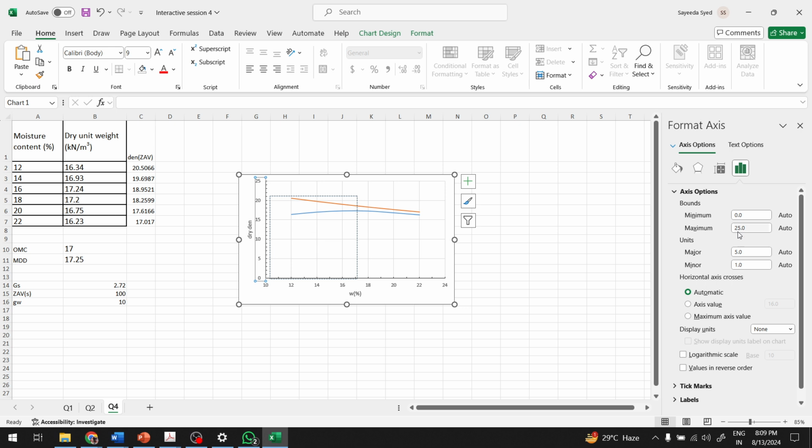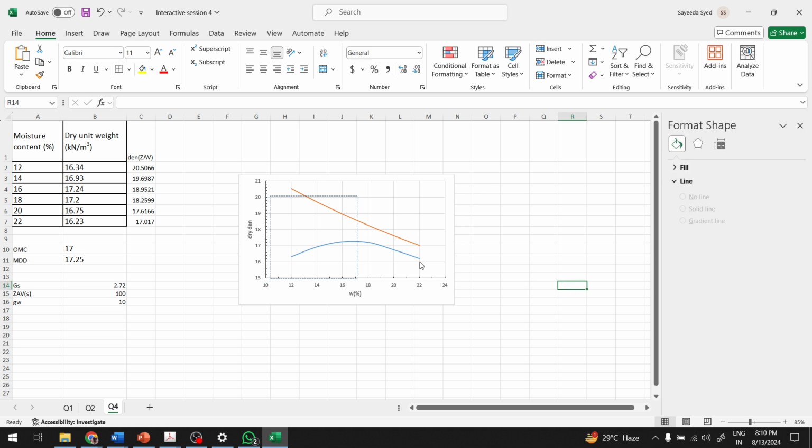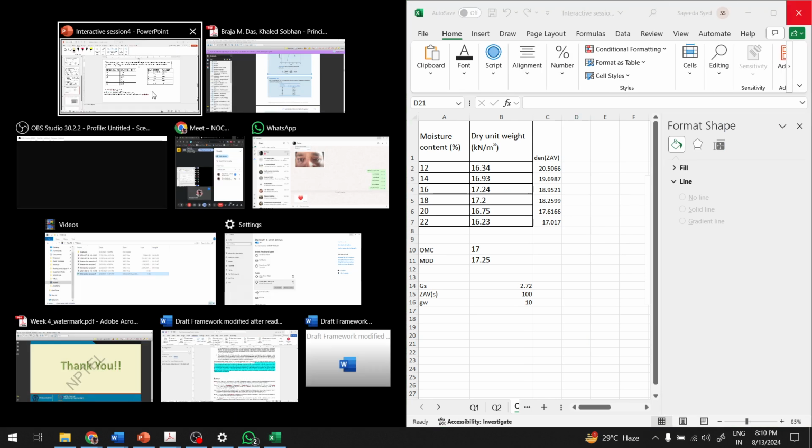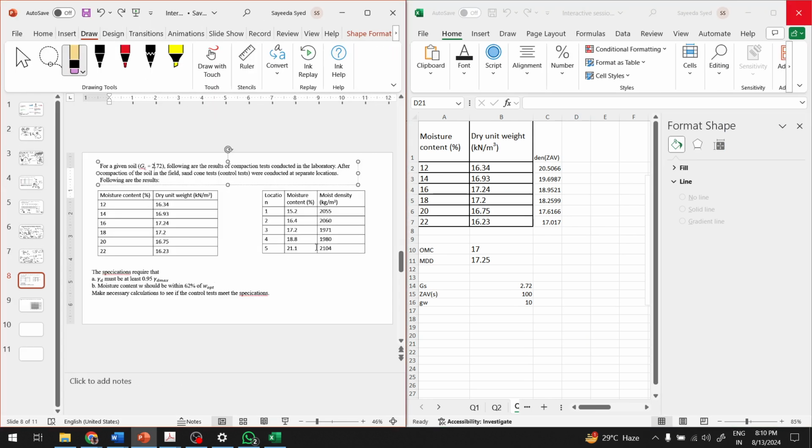Let's start density at 15. This is the ZAV line and this is our compaction curve. Now let us do one thing. Let's take these points from different locations.